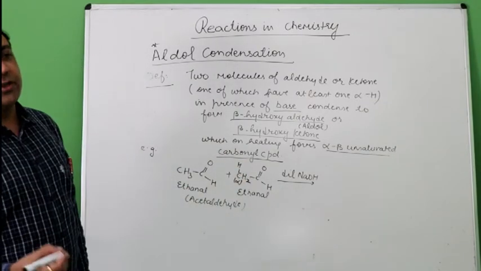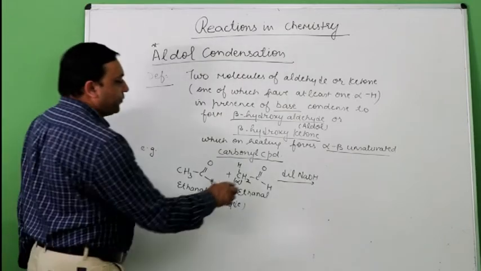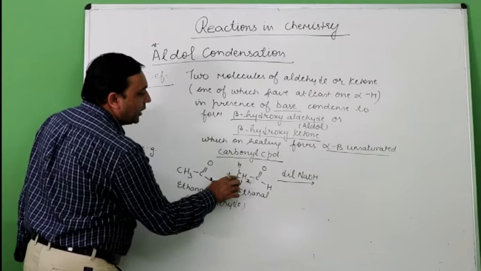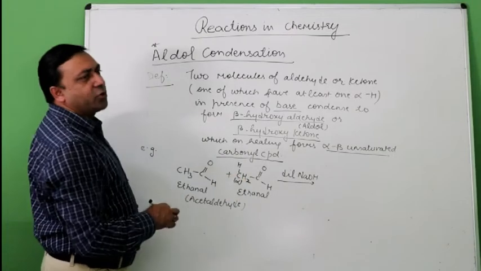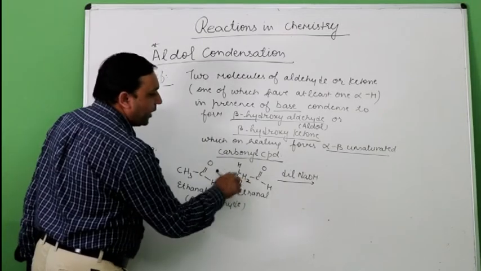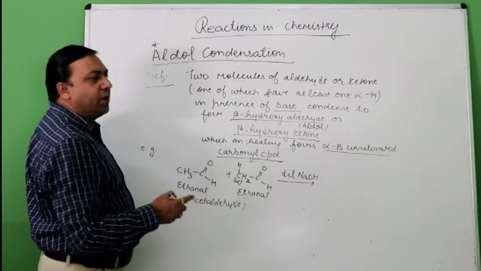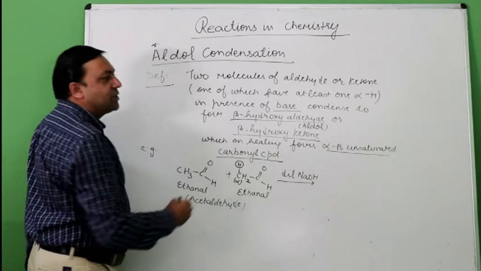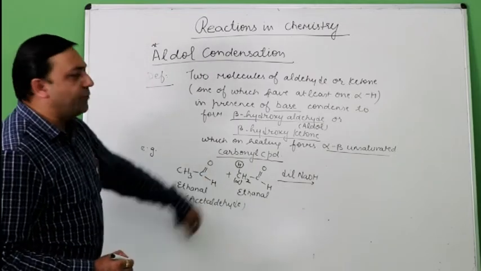Now what is the alpha H? The functional group here is the carbonyl group. The carbon adjacent to the functional group is called the alpha carbon. The hydrogen attached to this alpha carbon is called alpha hydrogen.